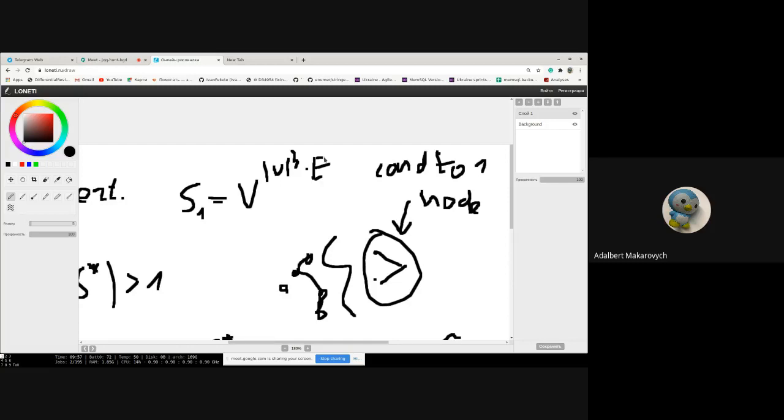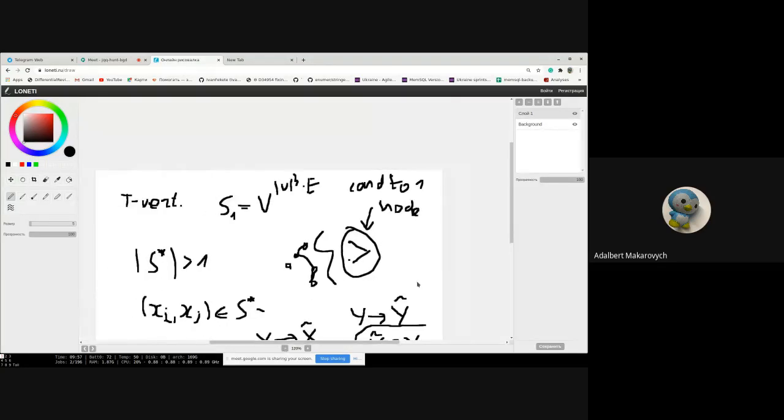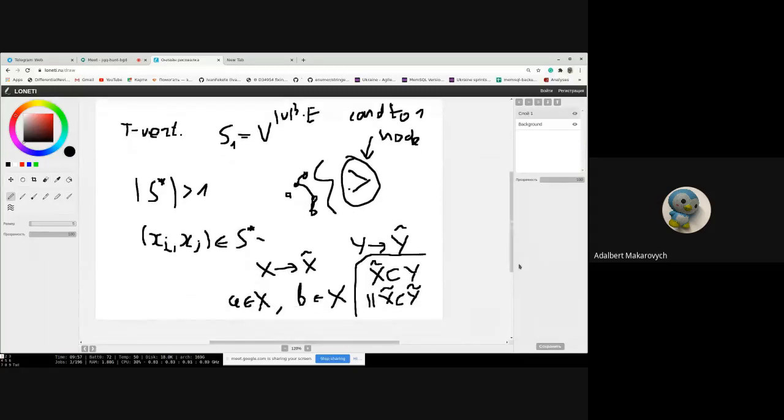Yes, and the last topic that we're going to cover is min-cost max flow. I believe most of you know what min-cost max flow does, but let's take a look.